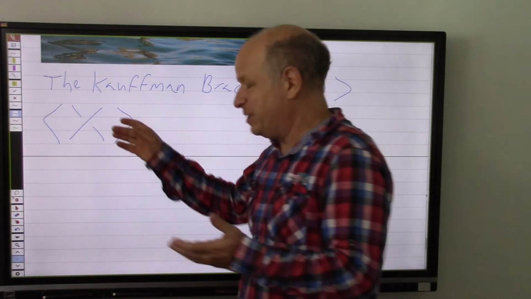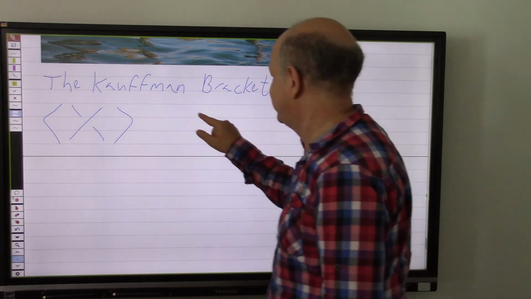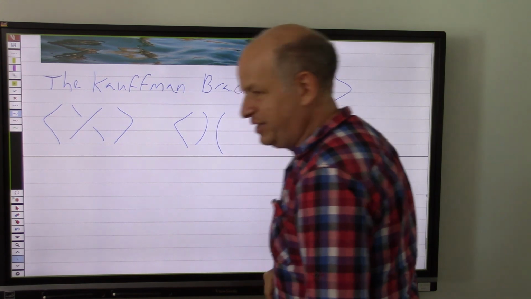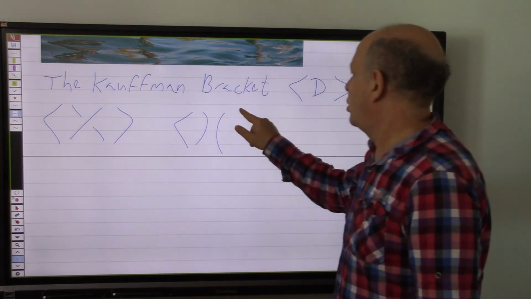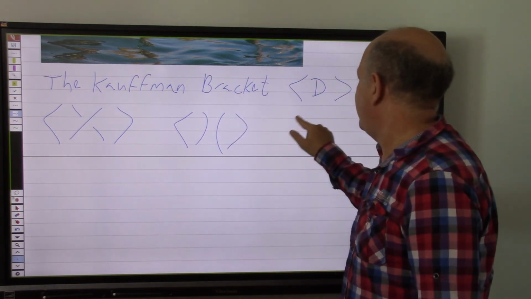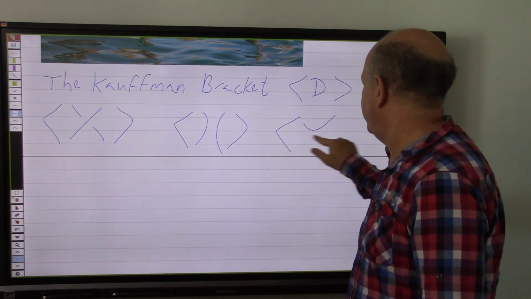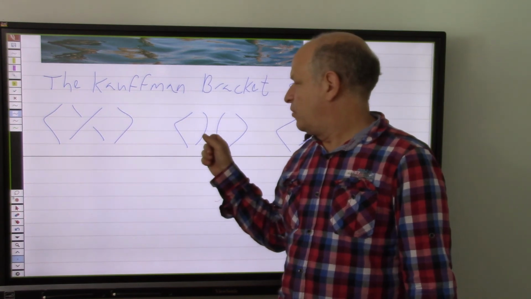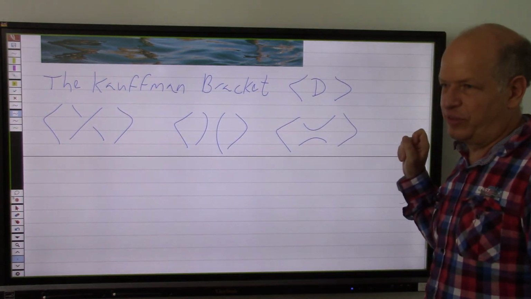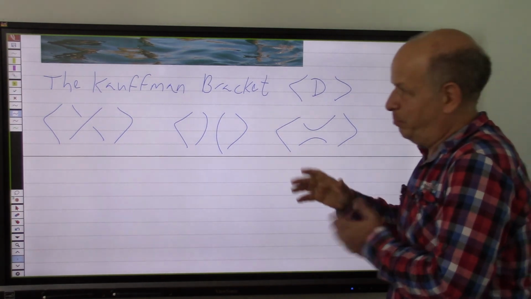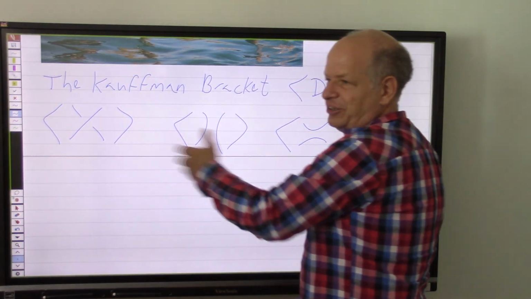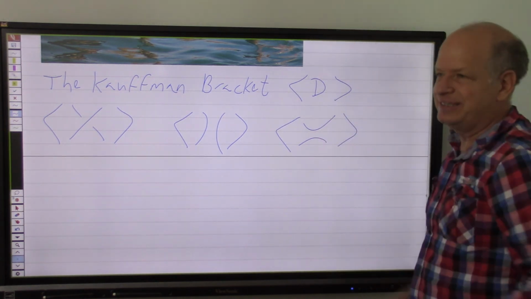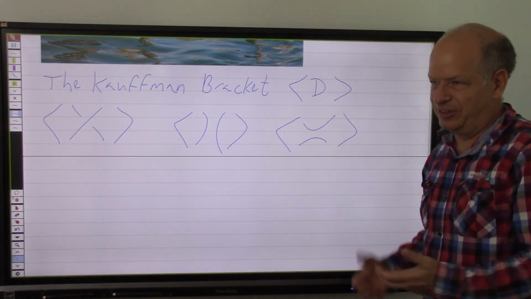Smoothing it is replacing it either by this figure or by that figure. They're sometimes called the vertical smoothing and the horizontal smoothing. But actually we're in topology, so the vertical and the horizontal are only an artifact of the way my screen is placed. They don't have a real meaning.